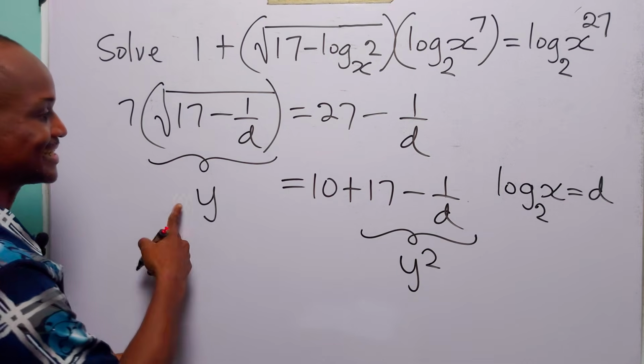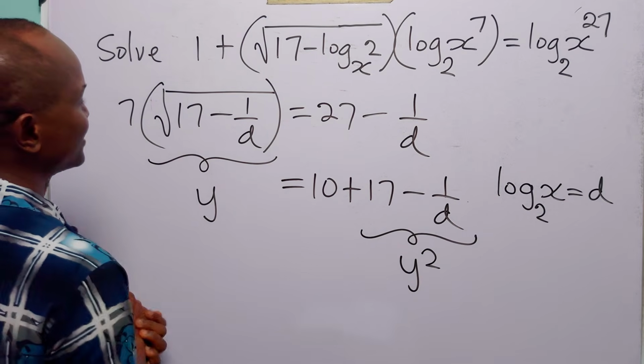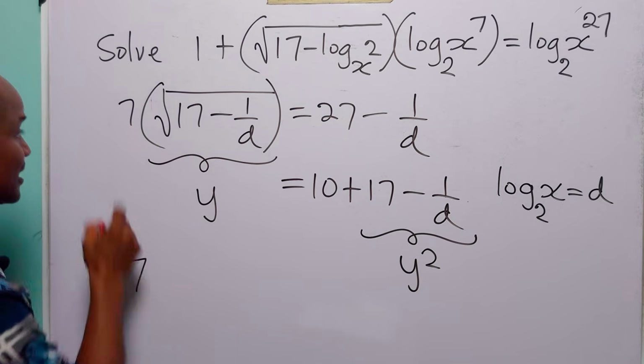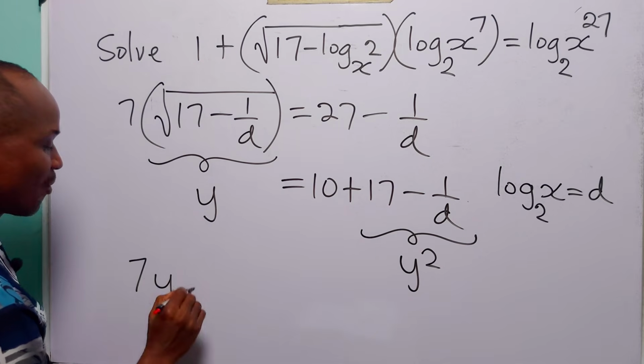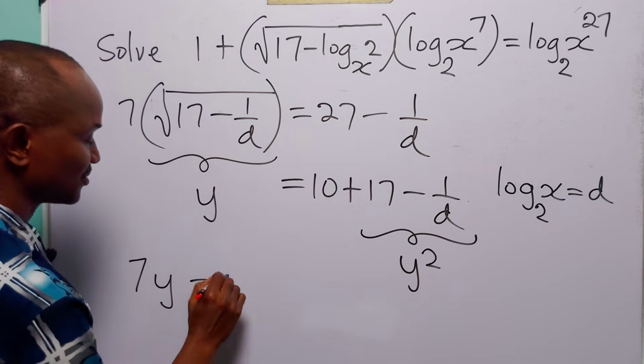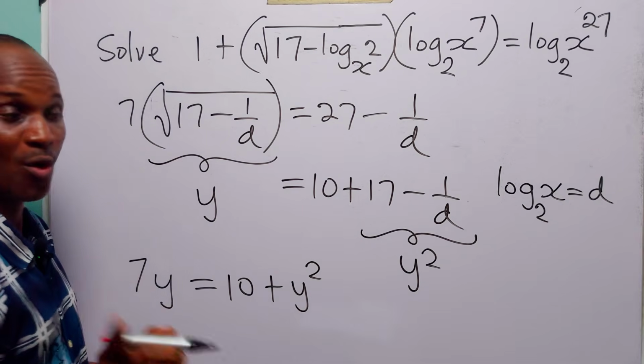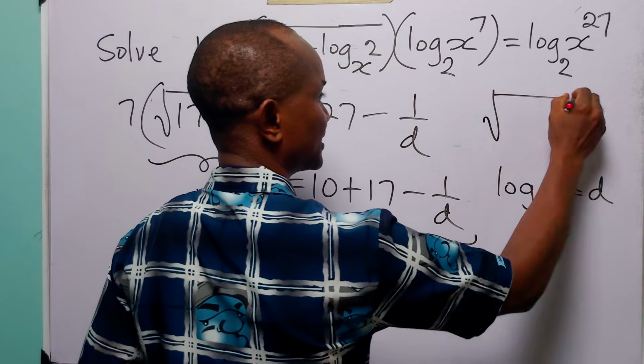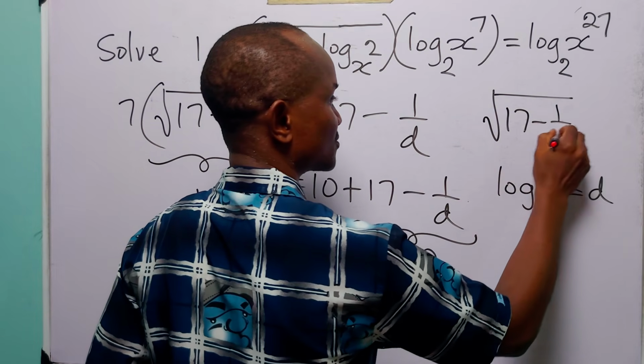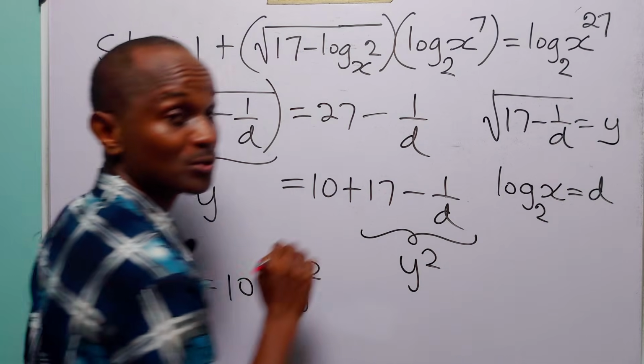So in terms of y, we can write this equation as 7y is equal to 10 plus y squared, where the square root of 17 minus 1 over d is equal to y.